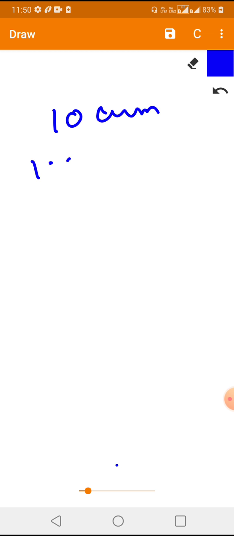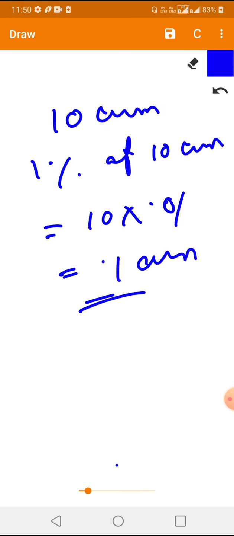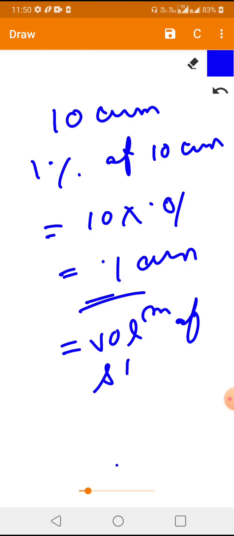So 1% of 10 cubic meter is 0.1 cubic meter. This is the volume of steel.